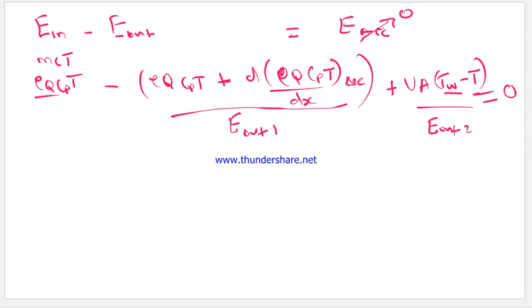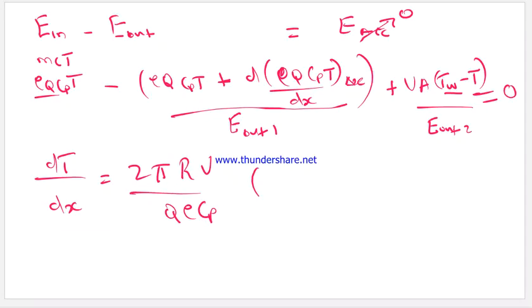When we reshuffle all this, we are going to have something like dT/dx is equal to 2 pi R U over Q rho Cp times (300 minus T).